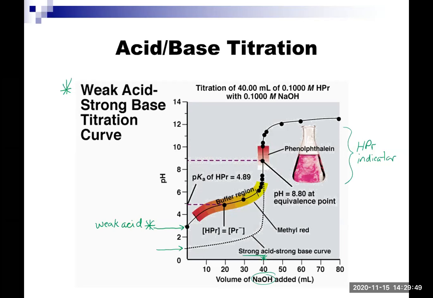So what happened when we added 40 mLs, or just over, a drop over 40 mLs? Well, what's going on at the equivalence point is that we have equimolar amounts, equimolar concentrations or molarities, molar amounts of our strong base, or our base that we're titrating in here, and our original acid, in this case, HPR.